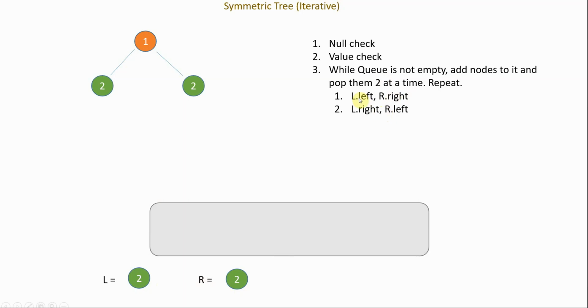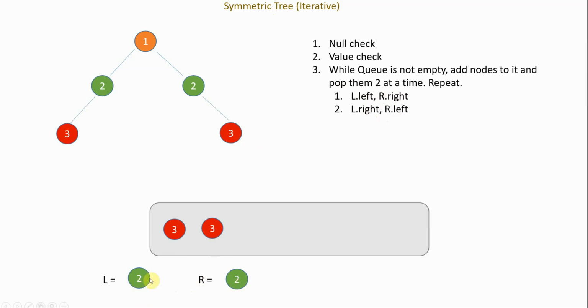And now remember, since this needs to be looking for kind of a mirror image of each other, you do left left, right right, left right, and right left, and you'll see with the visuals it'll be kind of self-explanatory at that point. So we remove these two nodes, then we do the compare.